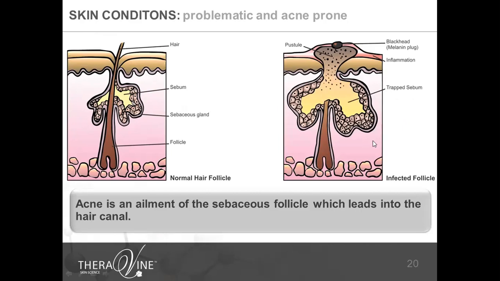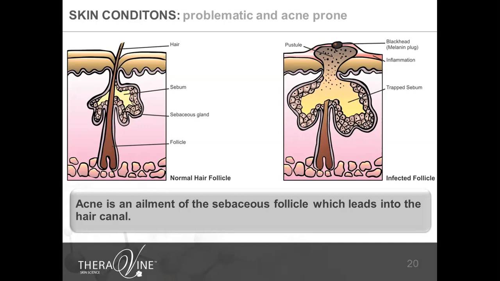If you look at an infected follicle, now it is usually also a genetic condition where the sebaceous glands are enlarged. That is usually what you will find on an oily skin. It's basically a genetic, I don't want to call it a fault, but it's something in your genes that is going to cause your sebaceous glands to be more enlarged.